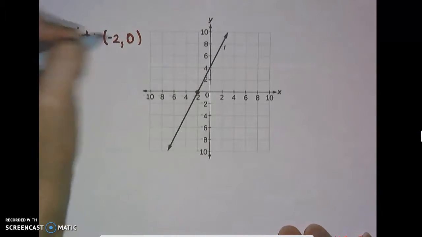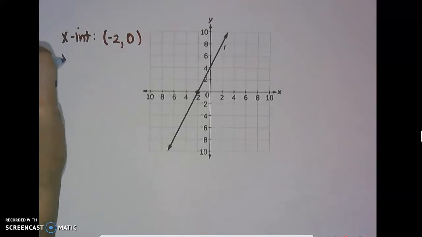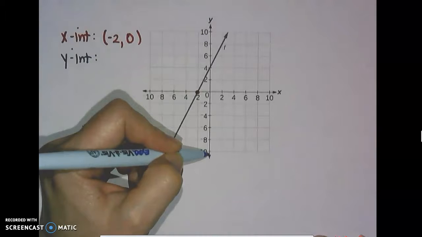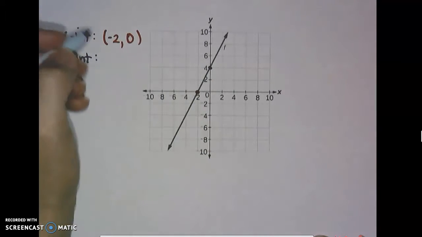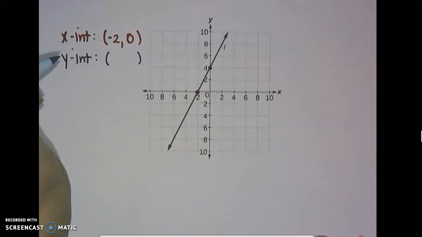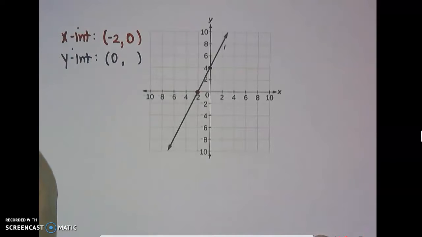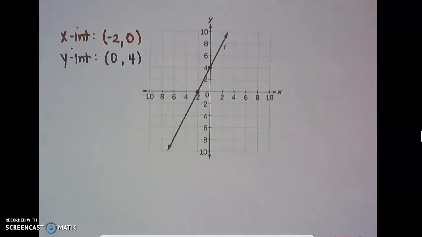Our x-coordinate is going to be -2. We're going to do the same thing for y-intercept. We're going to look to see if one exists. So we're traveling along our y-axis. I find a point where it crosses. So that means we do have a y-intercept. Remember, every y-intercept has 0 as its x-coordinate. And then the y-coordinate we're going to get from the graph, which is 4. It crosses at a +4.